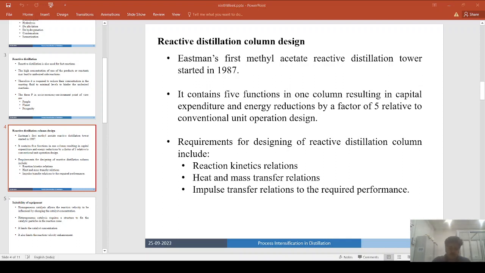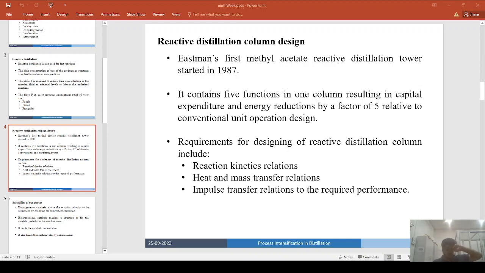Before going into that, one example discussed in the lectures is that Eastman's first methyl acetate reactive distillation tower was started up in 1987. It contains 5 functions in one column, resulting in capital expenditure and energy reductions by a factor of 5 relative to the conventional unit operation design.